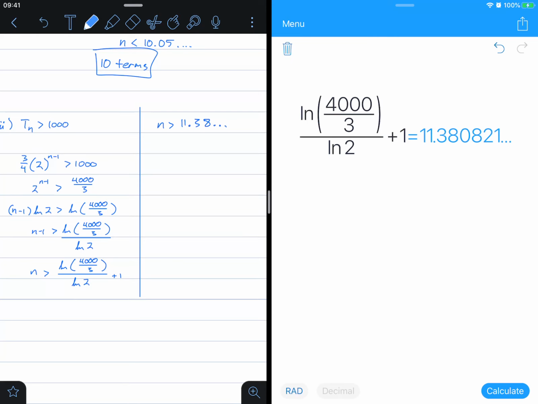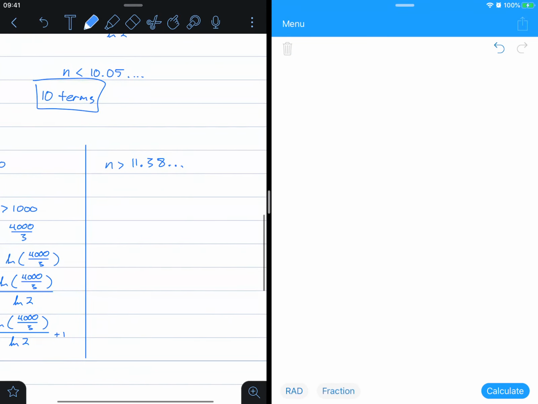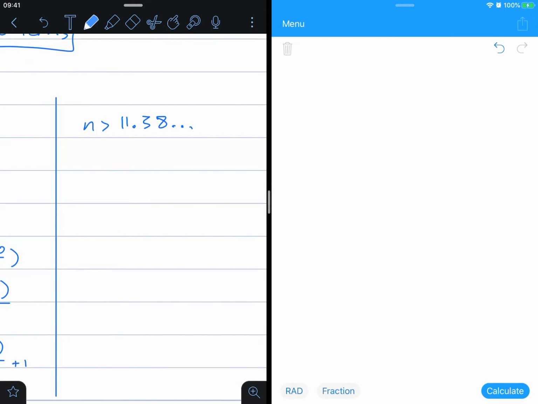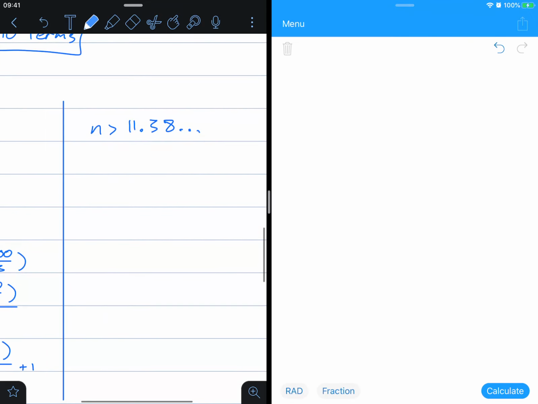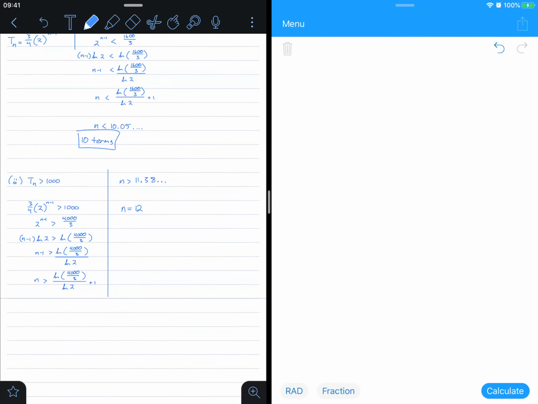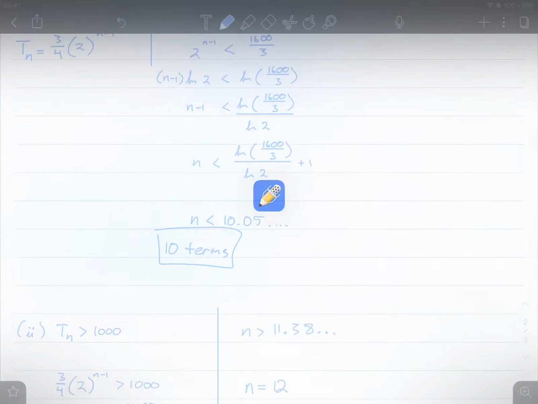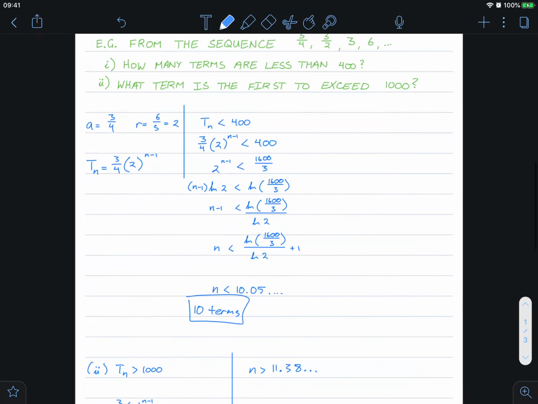So n is greater than 11.38. Once again, when it comes to series, we can't have the 11.3 term. So the next term that's bigger than this is n equals 12. So the 12th term is the first one to be bigger than 1000.